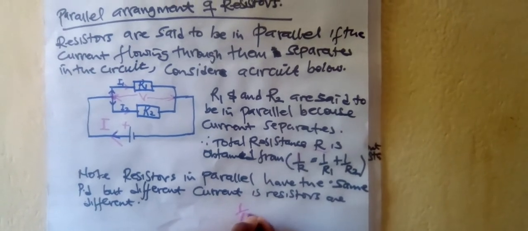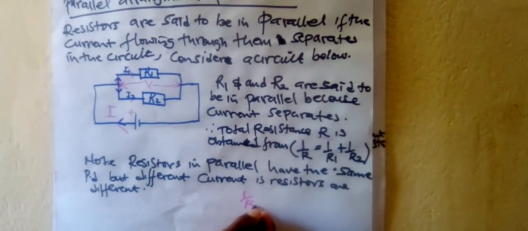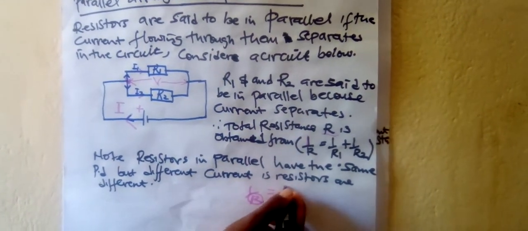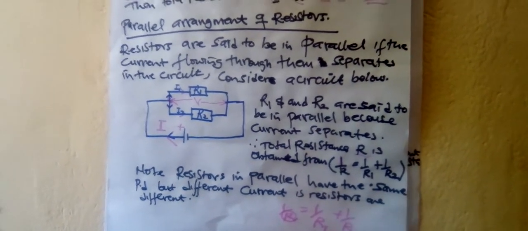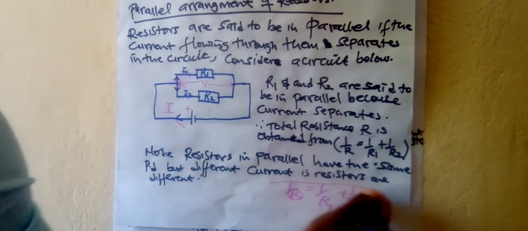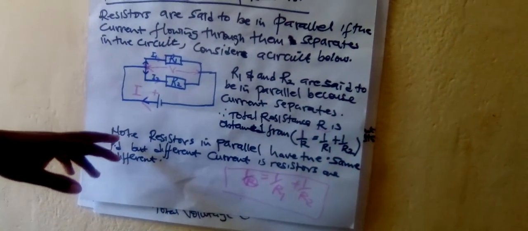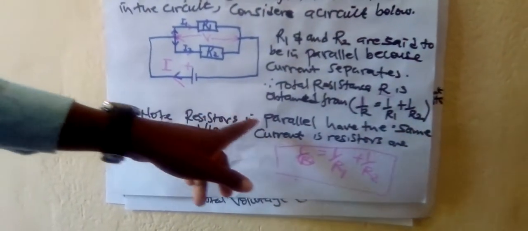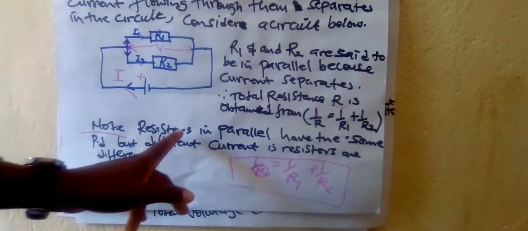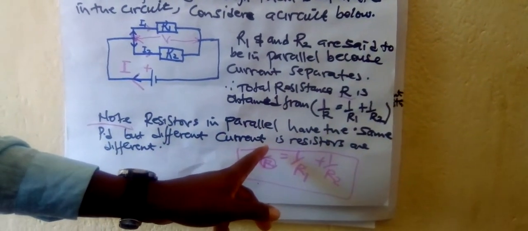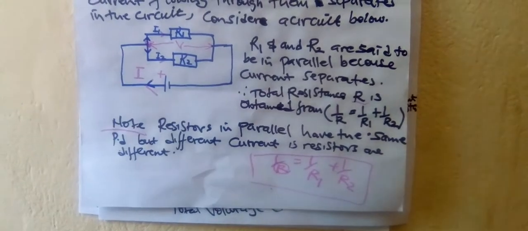Remember you want R. This is how we get our R. Note, there is an important note: resistors in parallel have the same PD but different current. Okay, we'll stop.